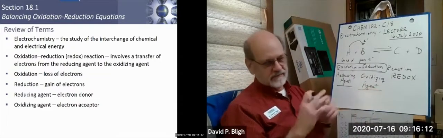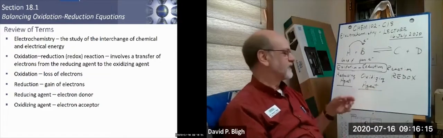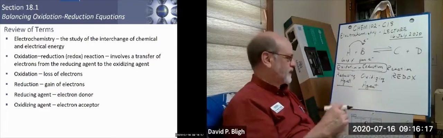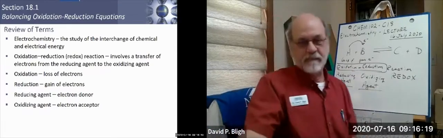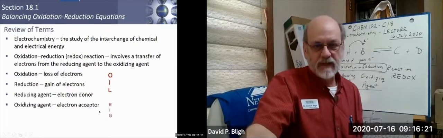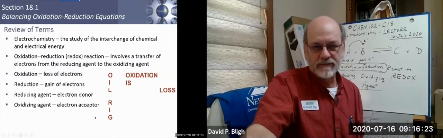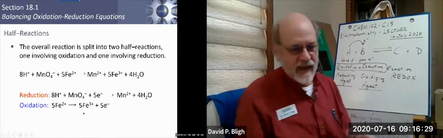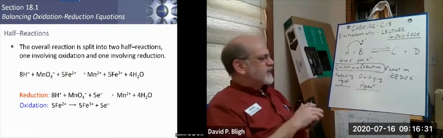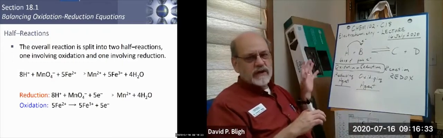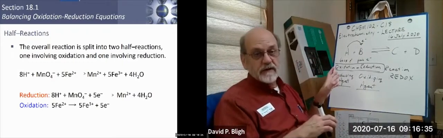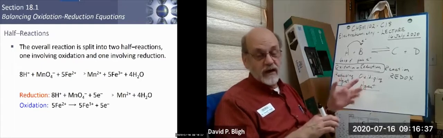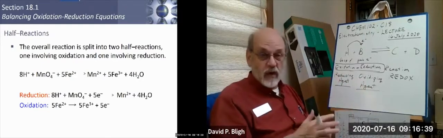Ox-red just, for some reason, doesn't sound right. So we say redox. Okay, there's your acronym. Now that we understand the terminology, how do we use this information to investigate and ultimately balance chemical equations?